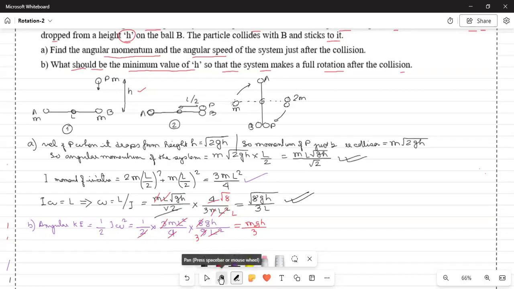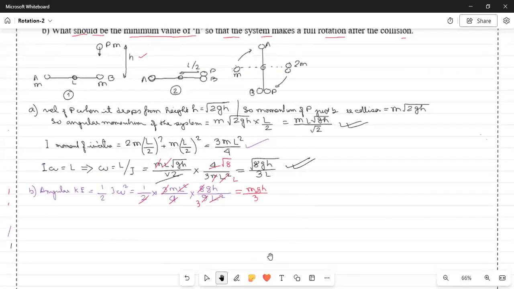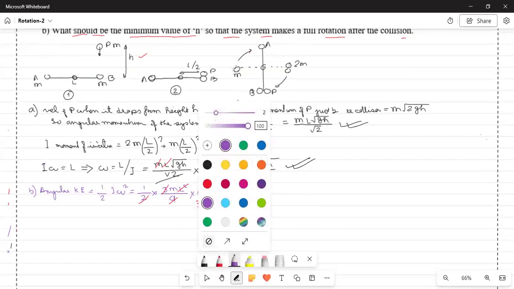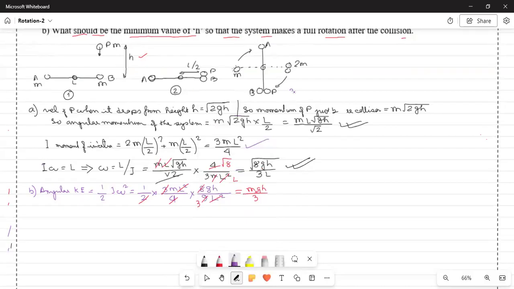Here, this is condition 2, we say this is condition 3. So we write, the system does not need any kinetic energy to rotate by 90 degrees.